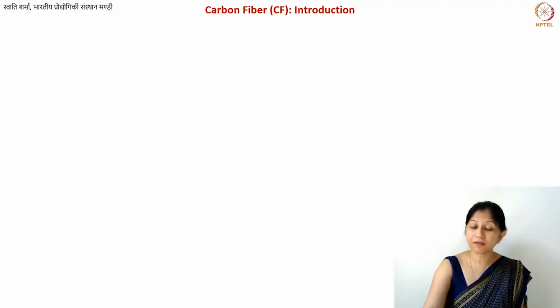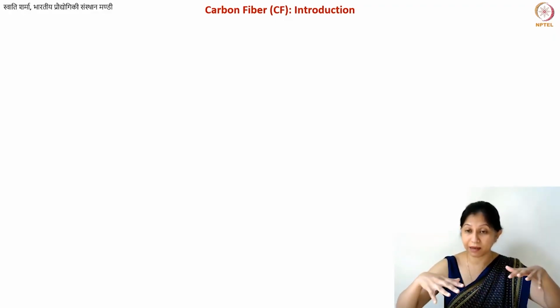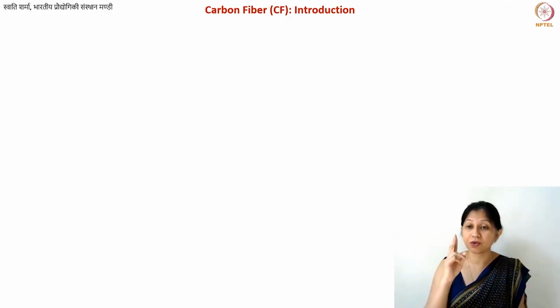Sometimes we use individual carbon fibers. Sometimes we use them as these cloth-like mats. Sometimes we even use just the tips of the fibers for sensing purposes. So there are a lot of interesting applications of carbon fibers.